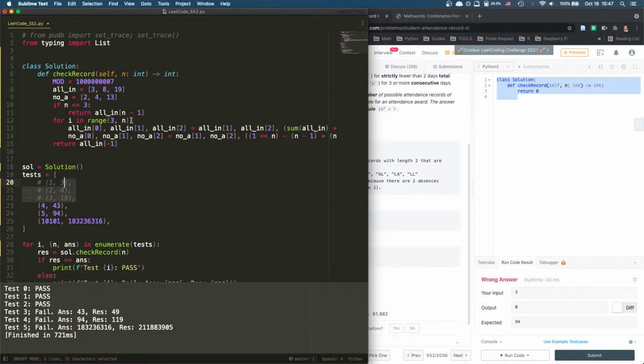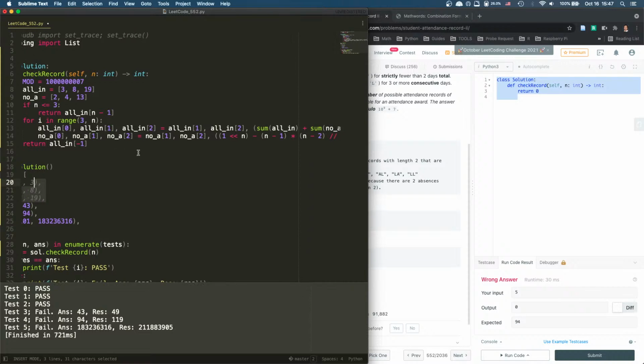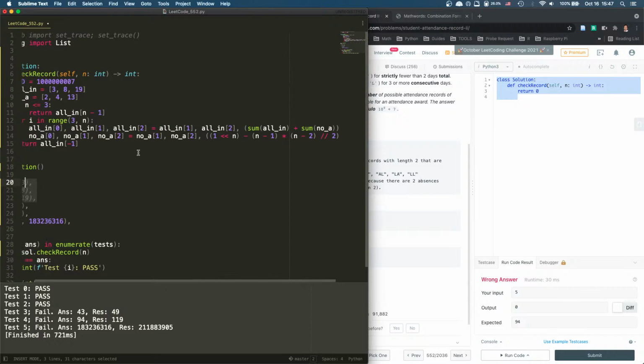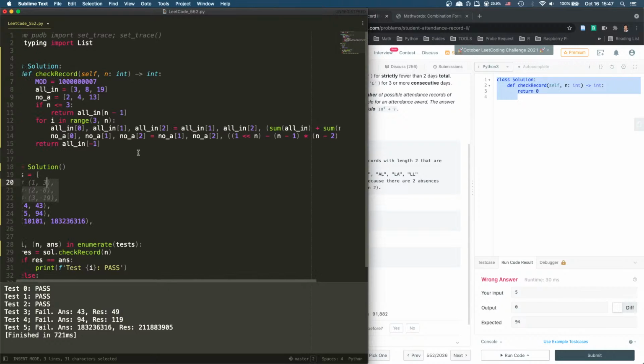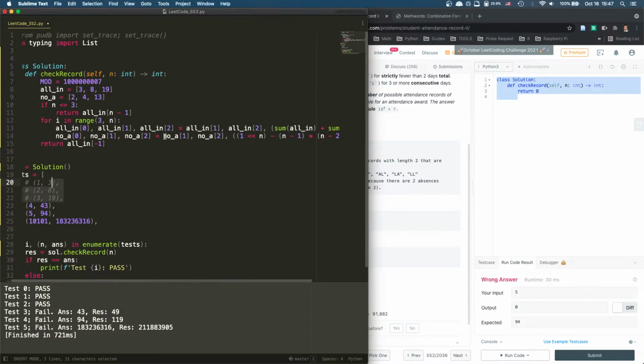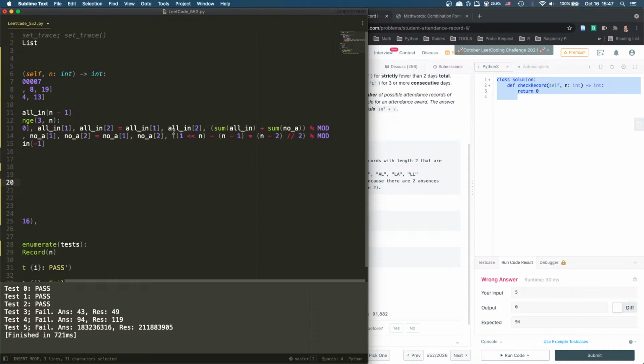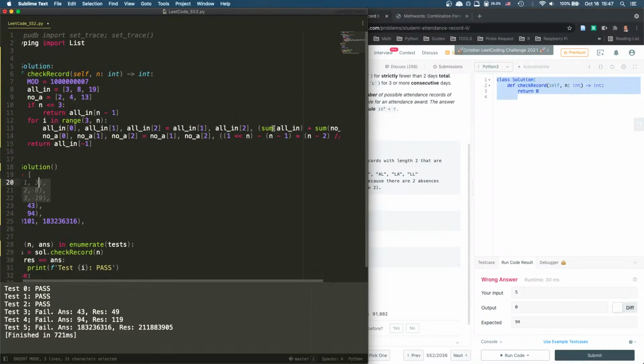Now, 4, right? So 3 to 4. So I is equal to 3. Actually, don't use I. And then we simply compute sum all in. I think it's because the all in is already changed. How about this?